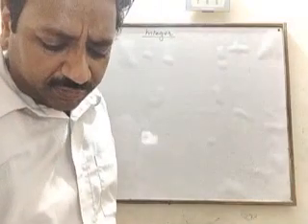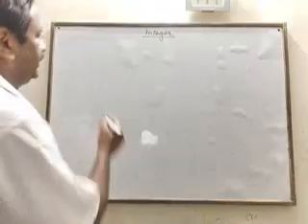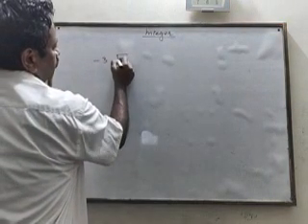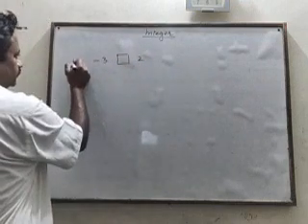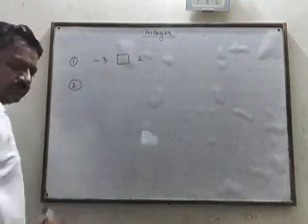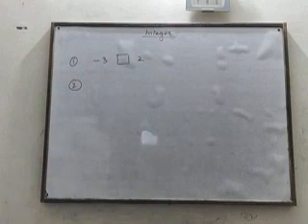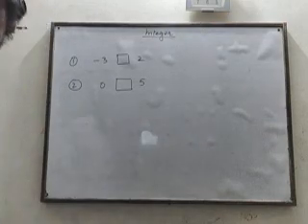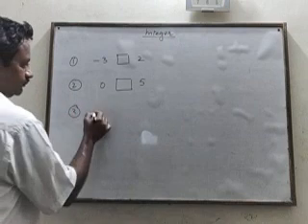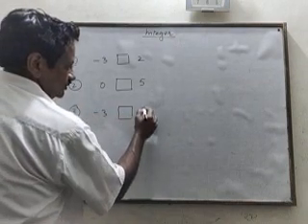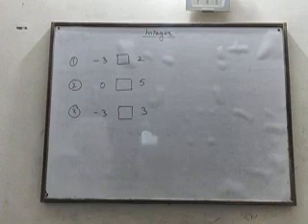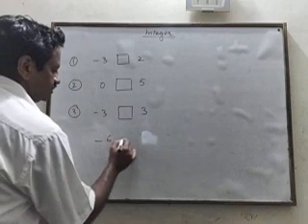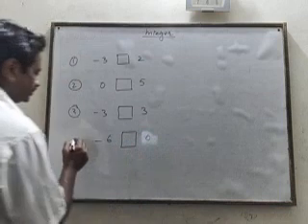Now a few questions for practice of understanding: put the sign in minus 3 box 2, 0 box 5, minus 3 box 3, minus 6 box 0.